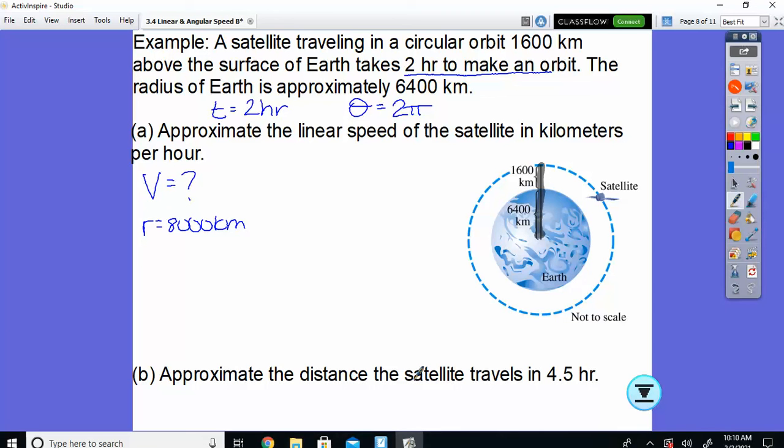Let's find s. S is equal to r theta. So my r is 8,000 kilometers. Theta is 2 pi. S is 16,000 pi kilometers.